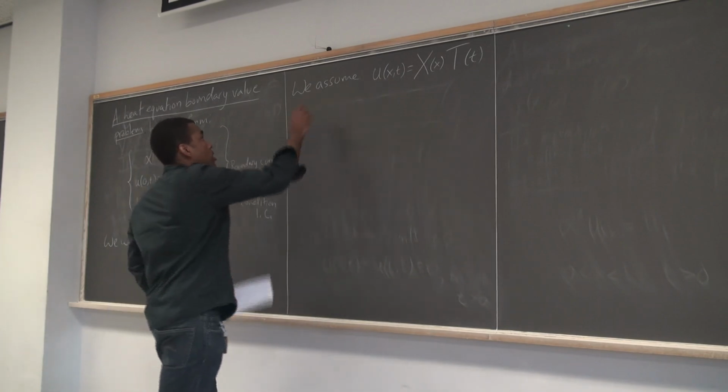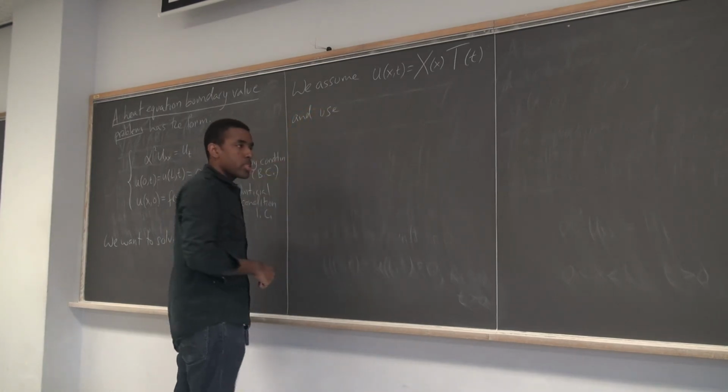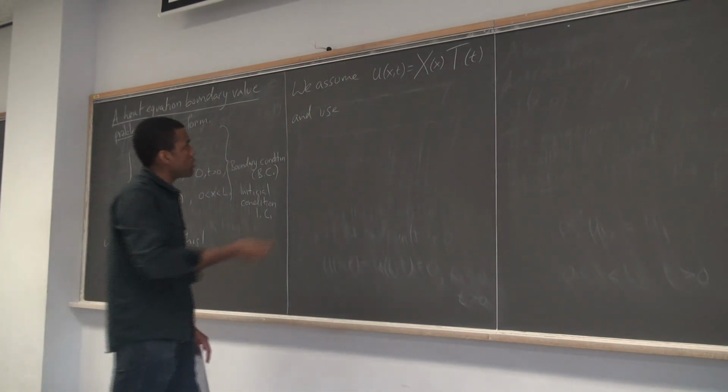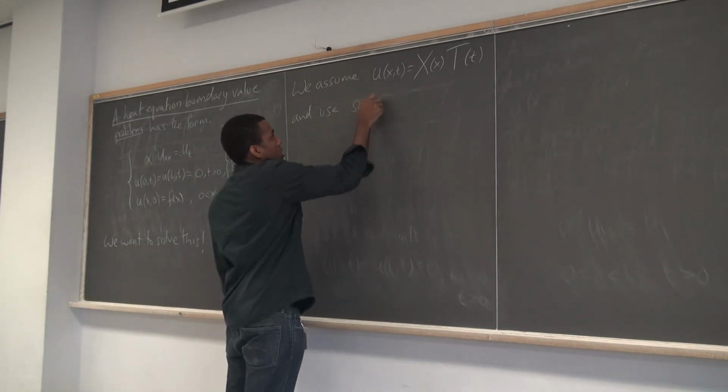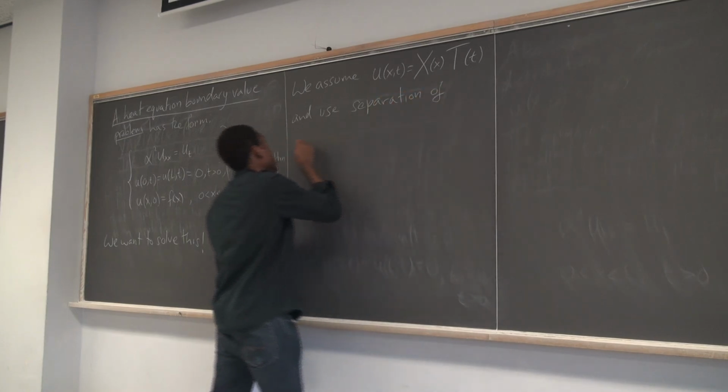So in previous semesters, they usually ask you to do separation of variables, but I don't think it's on the final this semester. So we made this assumption, we use separation of variables.